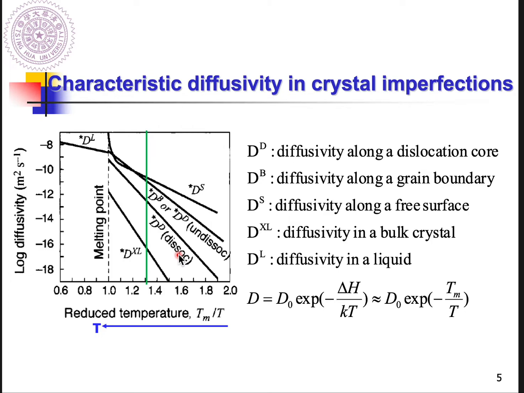Your dislocation can be dissociated into two Burgers vectors. Dissociated into two Burgers vectors means each dissociated one is a smaller dislocation, and this one is the complete dislocation. That means the complete dislocation is larger than this one, right?